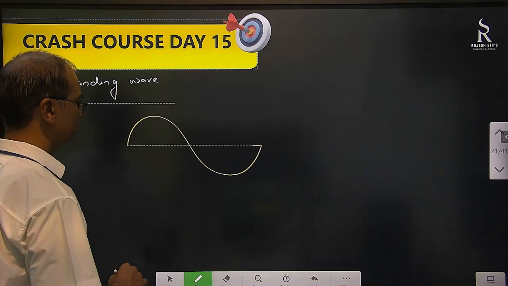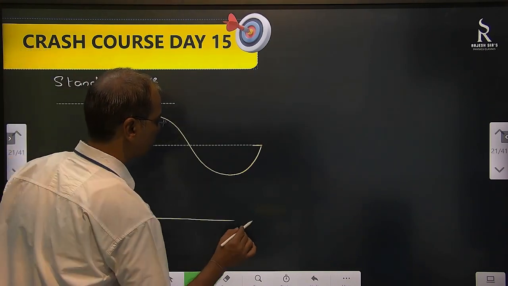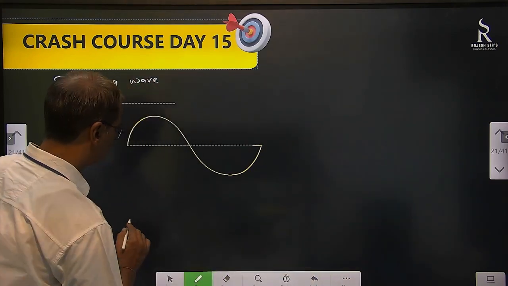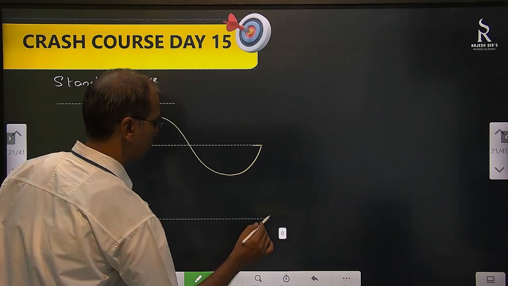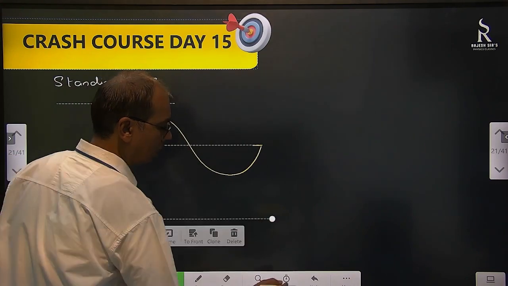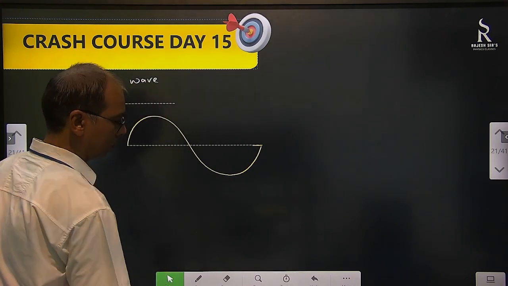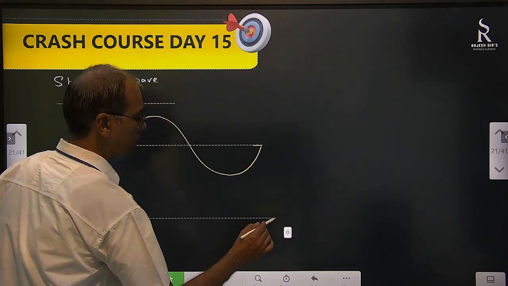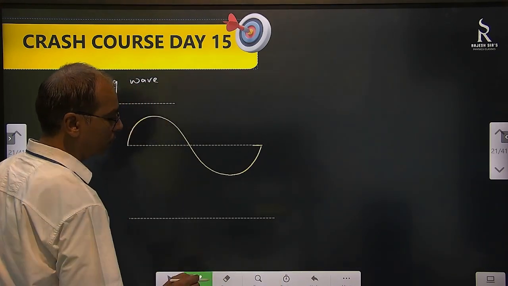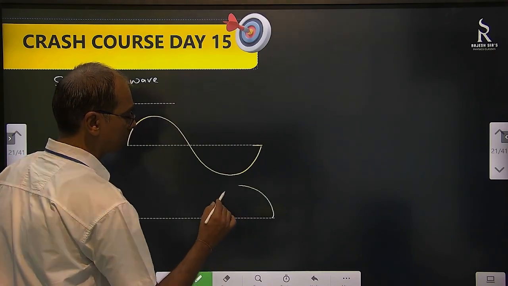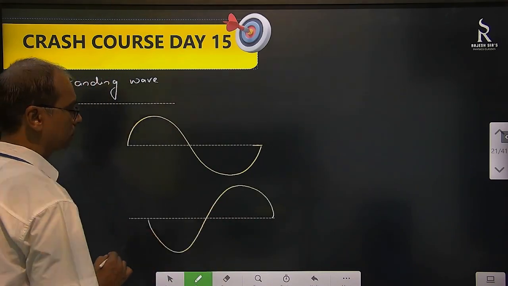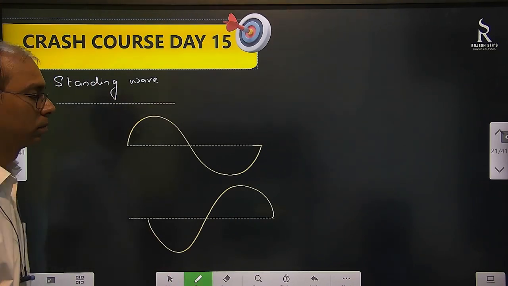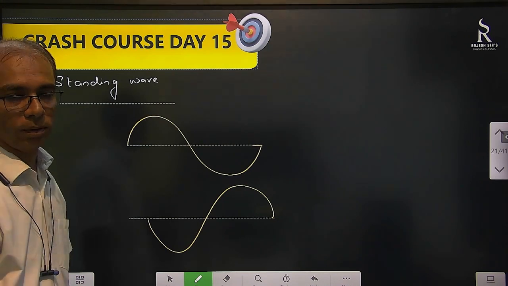And another one is coming from the other end, like this. So they are going to superpose one over the other.